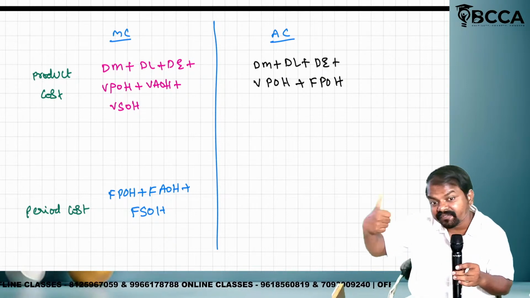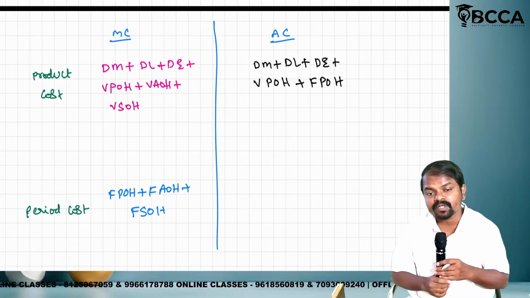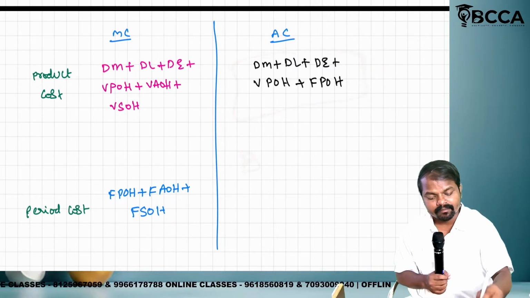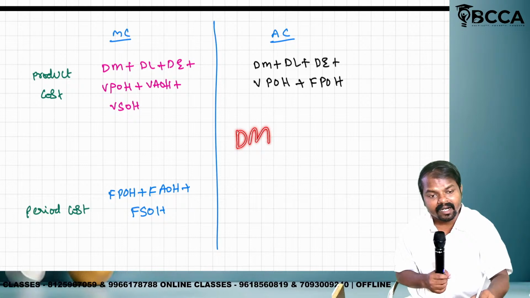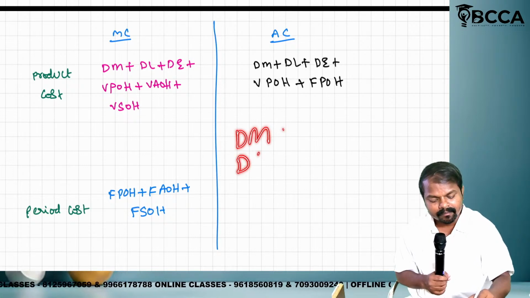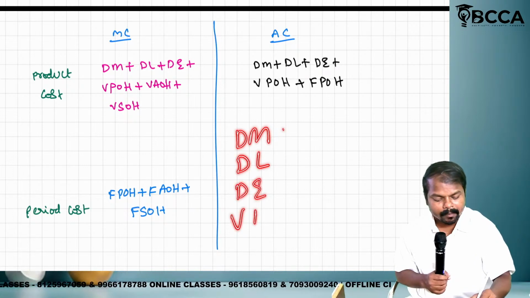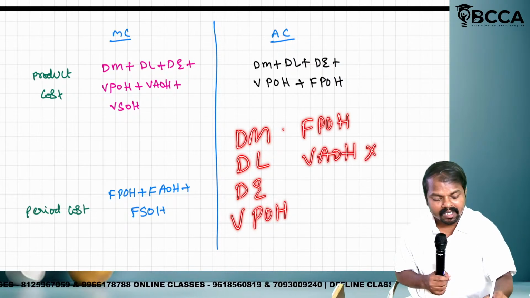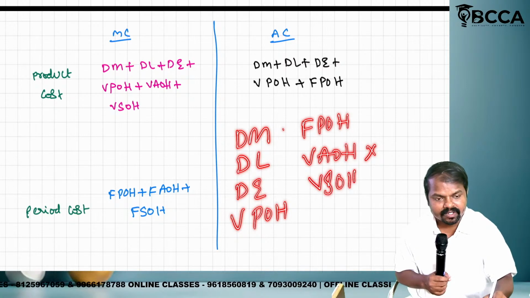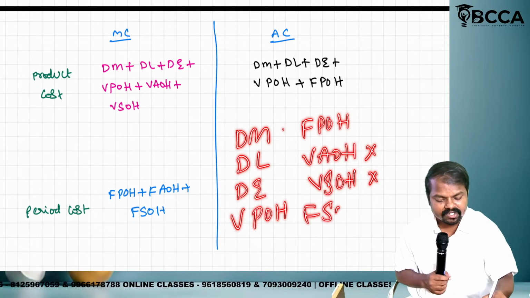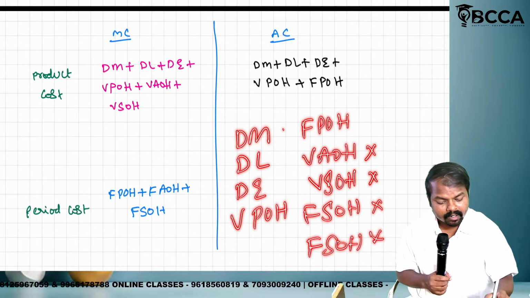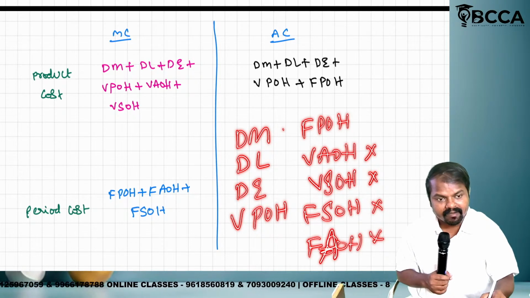What is left, not considered under absorption costing? Now tell me, under this equation, DM covered or not covered? DL, DE, variable portion of POH, fixed portion of POH, variable portion of AOH, variable portion of SOH, fixed portion of SOH, fixed portion of AOH, covered.